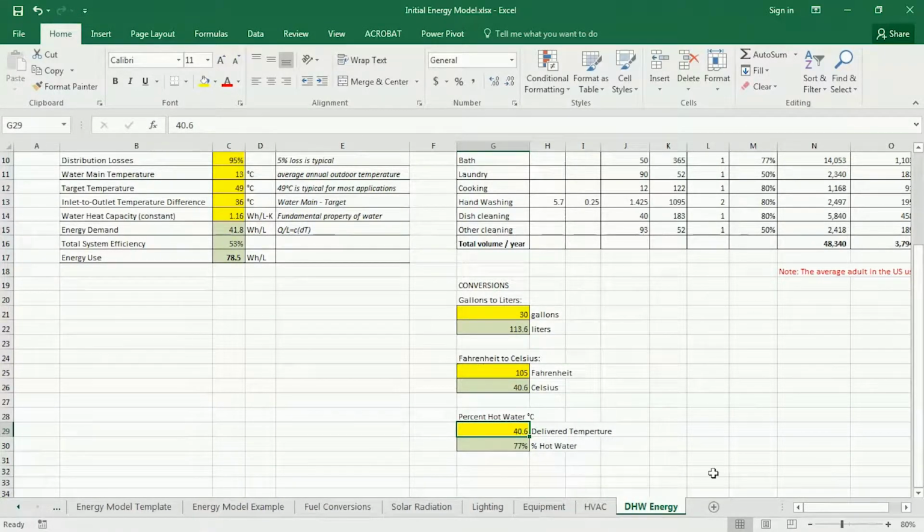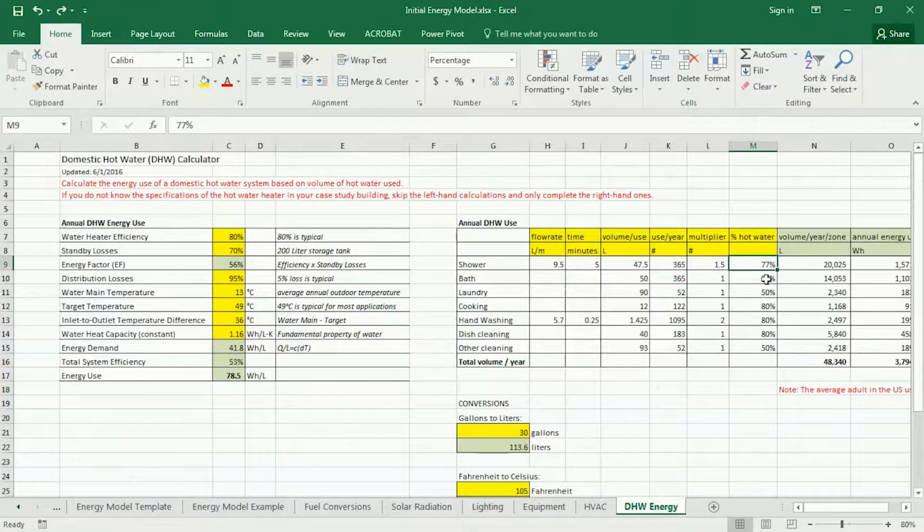So in my case, I take a shower that's about 40 degrees centigrade, and that's quite common for showers. And that results in 77% hot water use. If you take cold showers or lukewarm showers, a 30-degree shower would be 47% hot water.